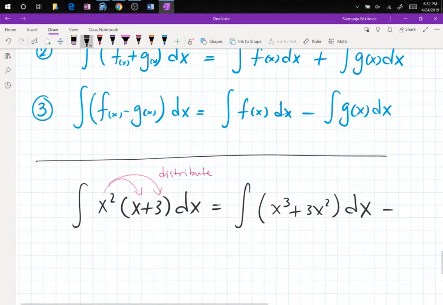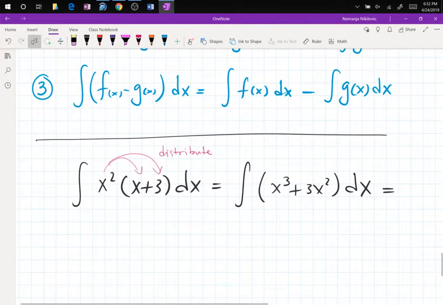Now guys, you will be skipping these steps next week already. But for now, just to illustrate the blue formulas we had, I have a summation of two functions, so I can separate these into two integrals.